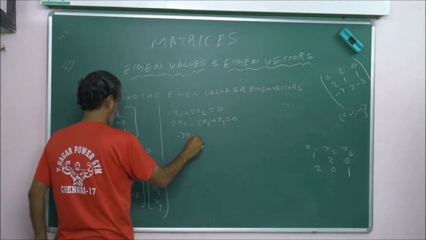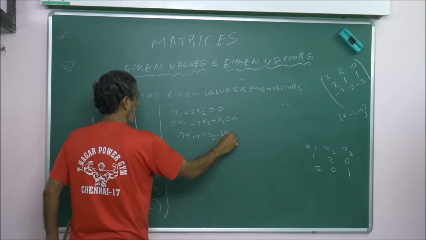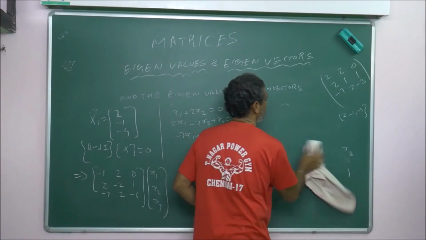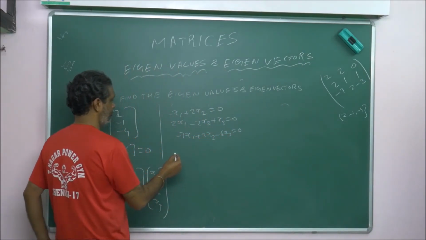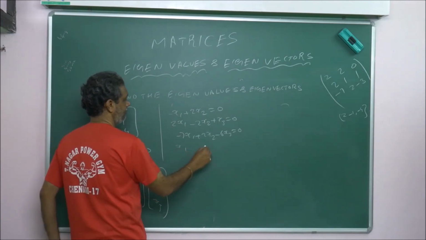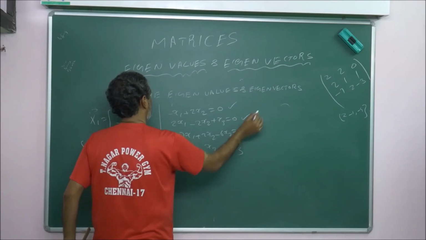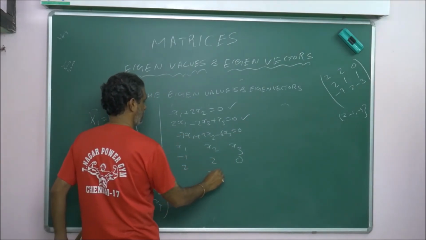Minus 7x1 plus 2x2 minus 6x3 is equal to 0. So write x1, x2, x3, take any two equations. These two equations I am taking: minus 1, 2, 0, 2, minus 2, 1.